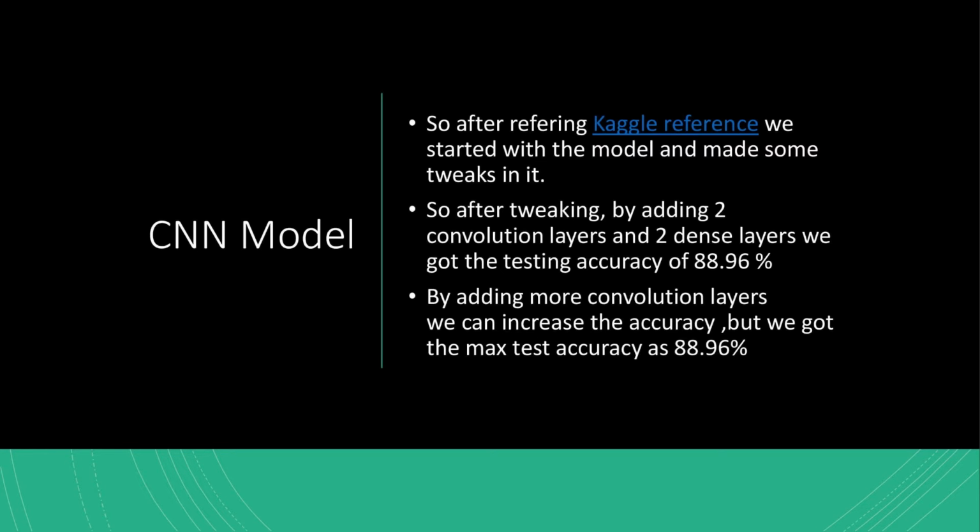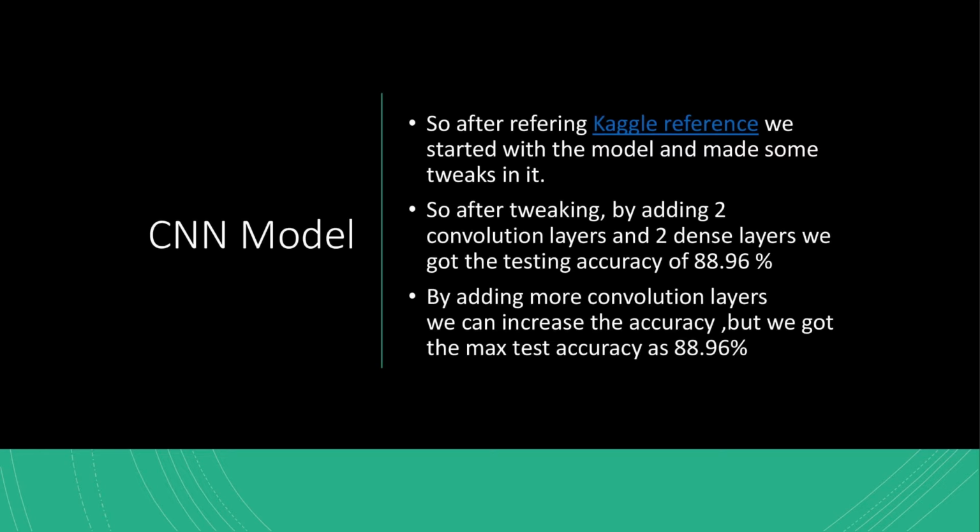Data team then initiated the first step in our project, that is, they started with the model and made some tweaks in it. They did this after referring to the link given in the Kaggle reference.